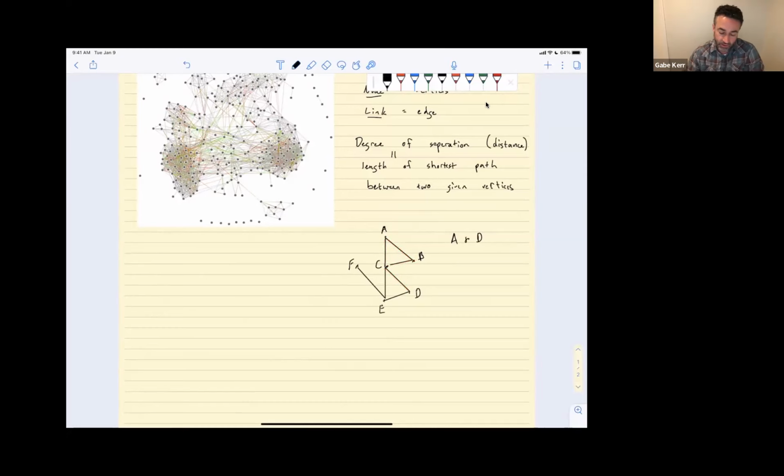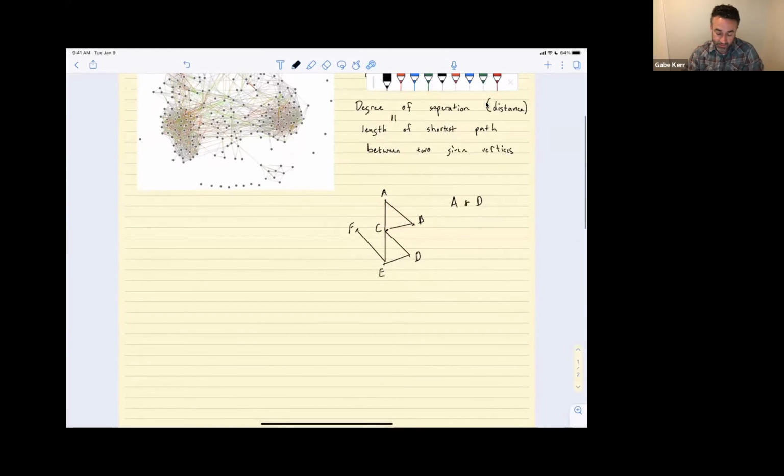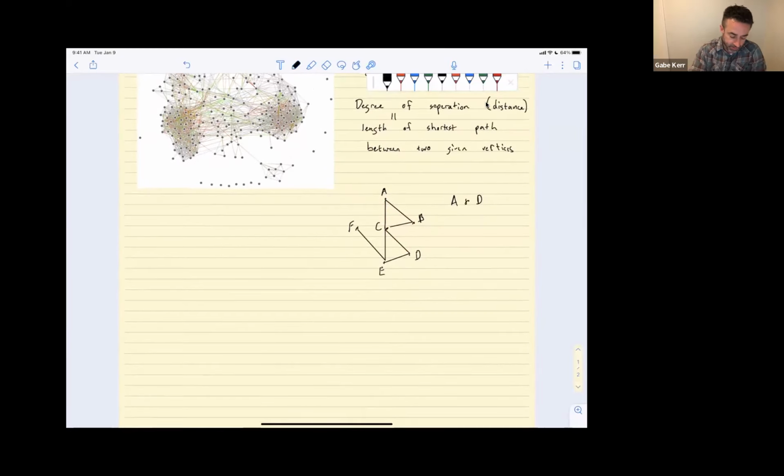So another concept with this is the notion of diameter. The diameter of a graph is the maximal distance or maximal degree of separation.